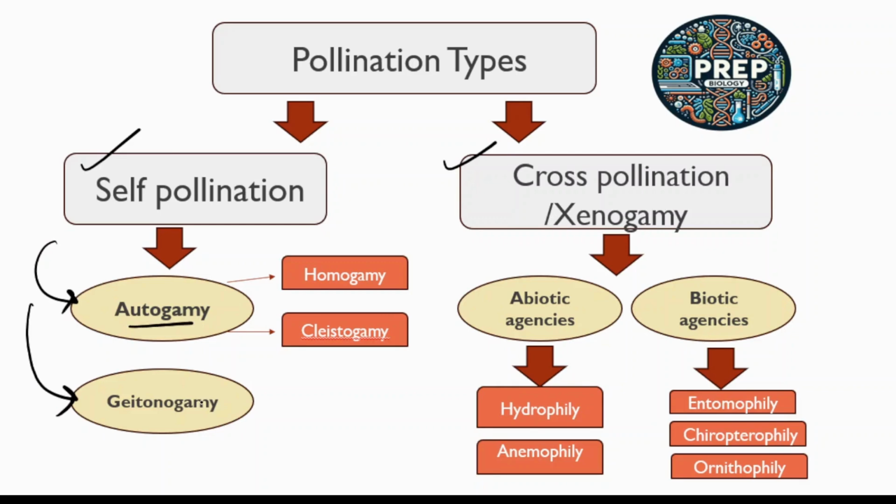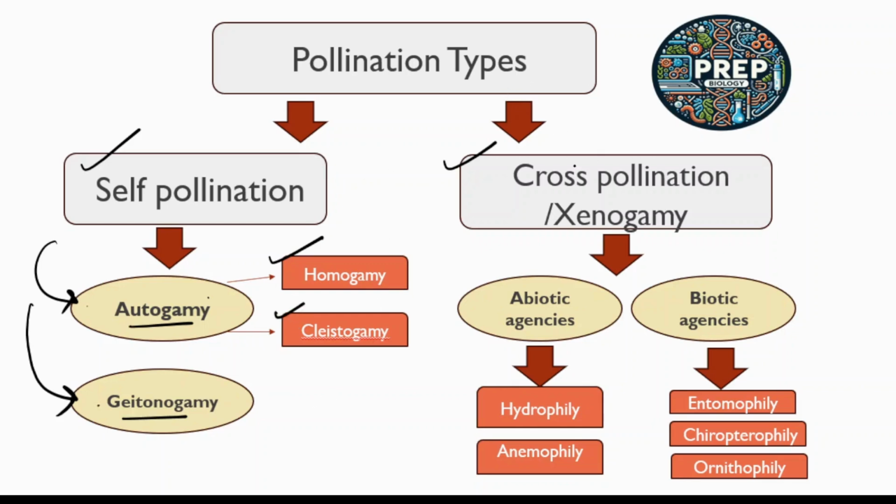First is autogamy, second is geitonogamy. These types are very important, so understand them carefully. And this flow chart is very important. So self-pollination has 2 types, autogamy and geitonogamy. Now autogamy is further divided into 2 categories, homogamy and clistogamy.